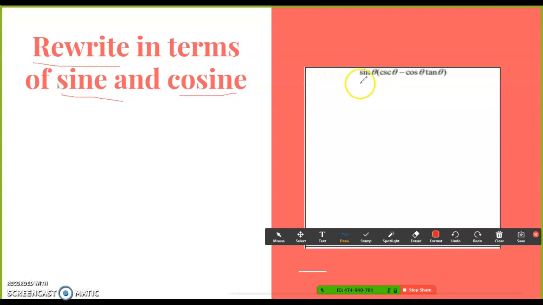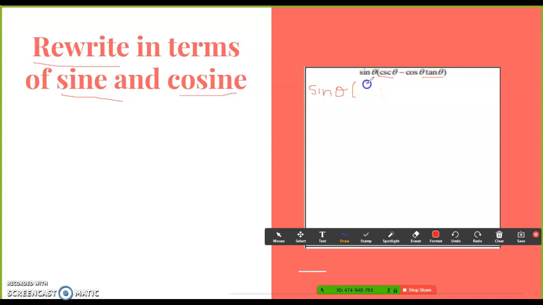So what I'm going to do is take this expression, and I'm going to turn the cosecant of theta and the tangent of theta into their identity. Remember, cosecant is the reciprocal of sine.